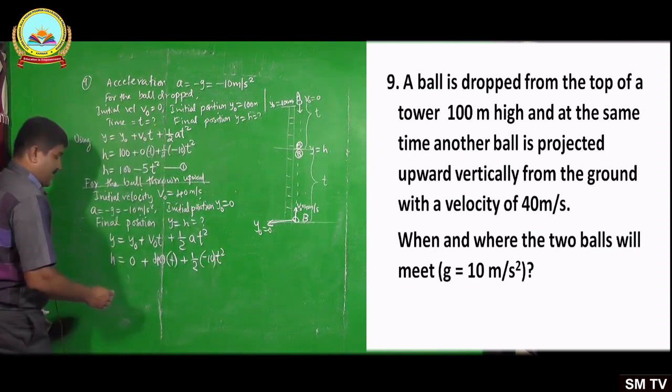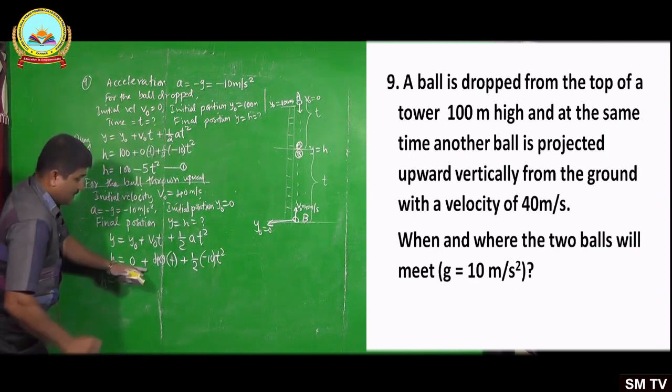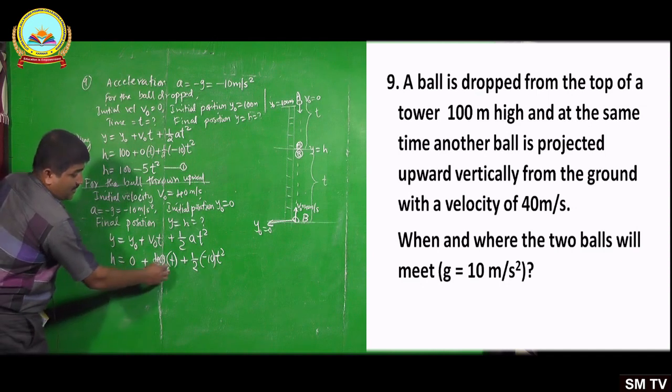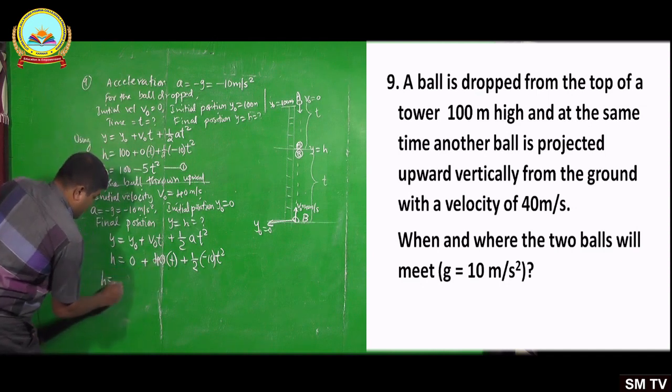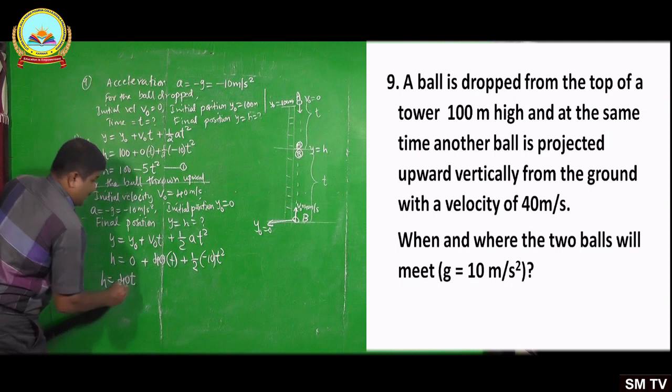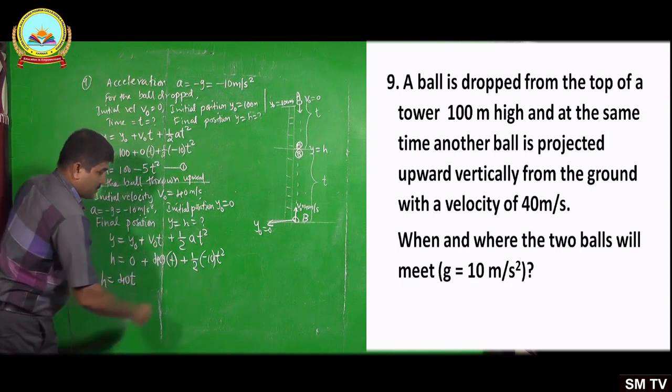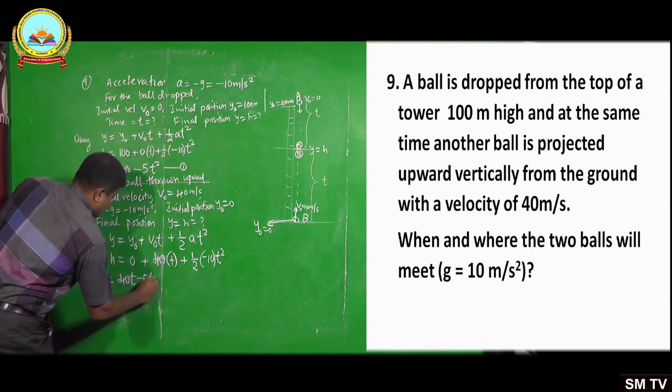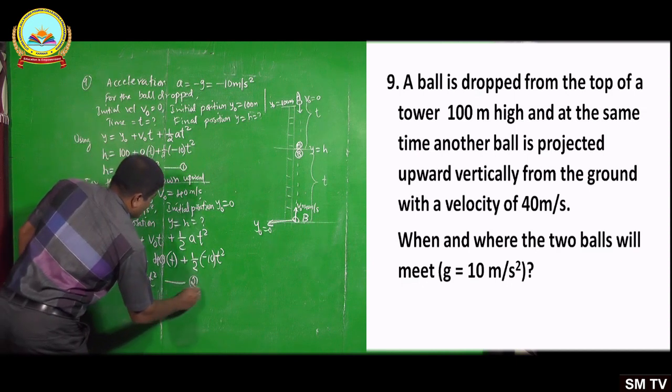Now simplifying this equation, I get h equal to 0, then 40t, then next 10 by 2 is 5, so minus 5t square. I take this equation as equation number 2.